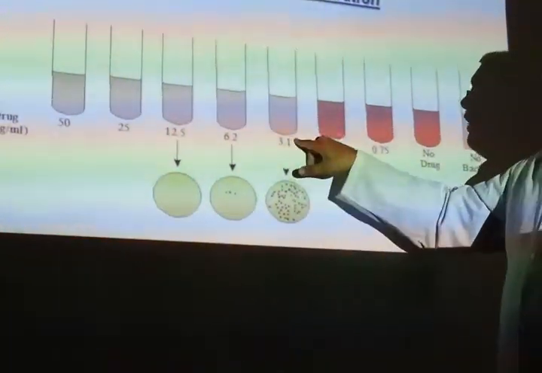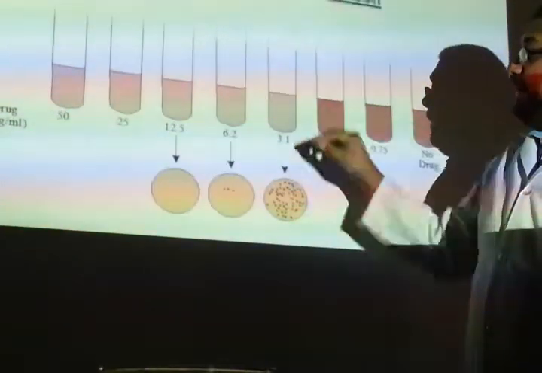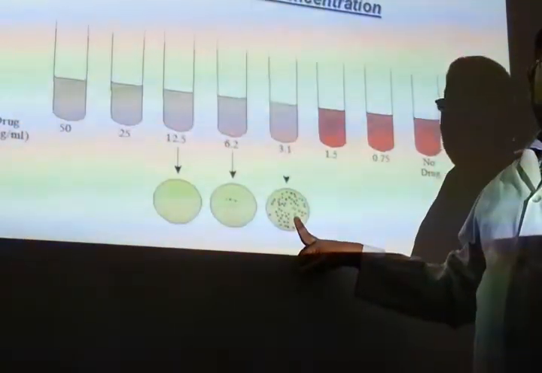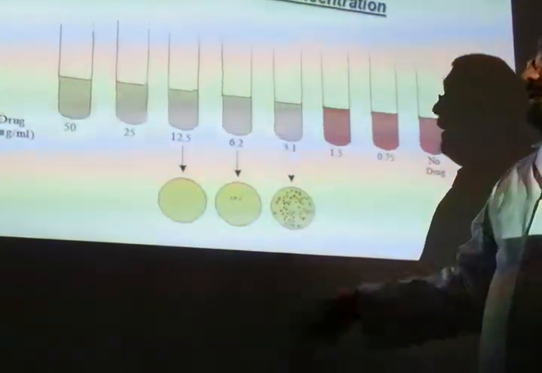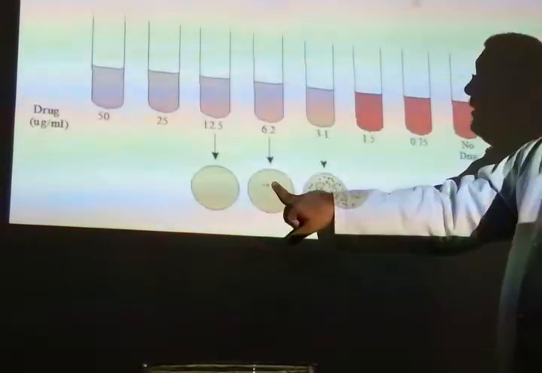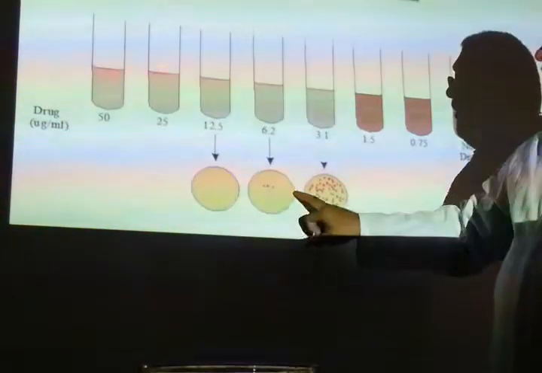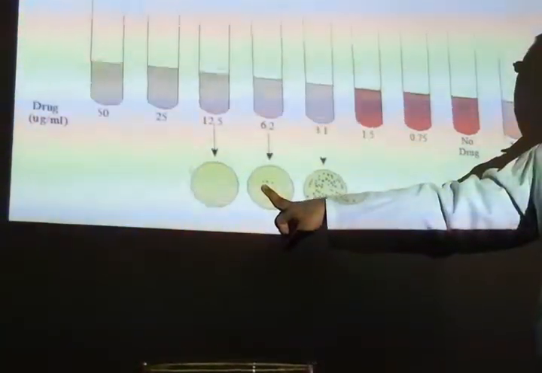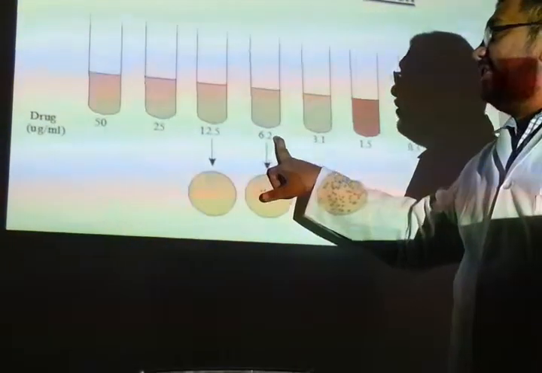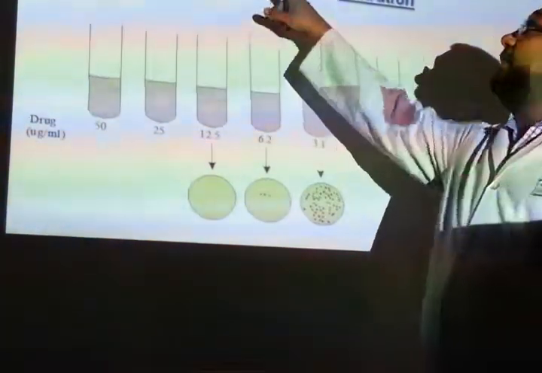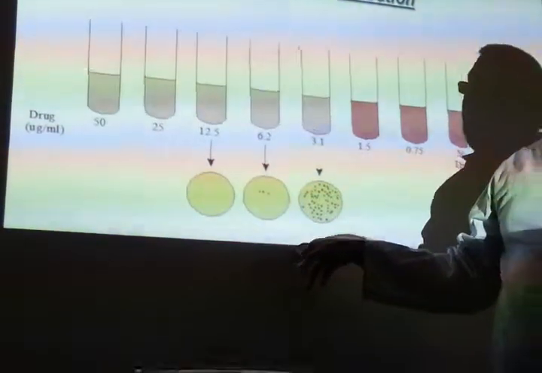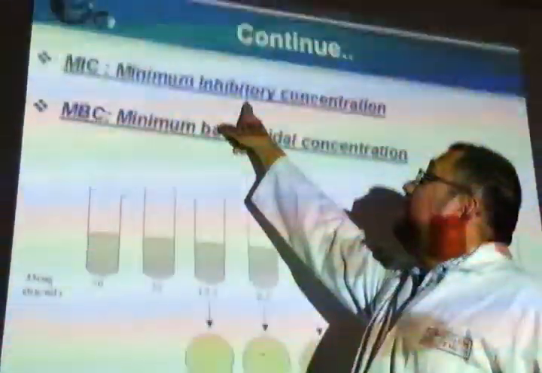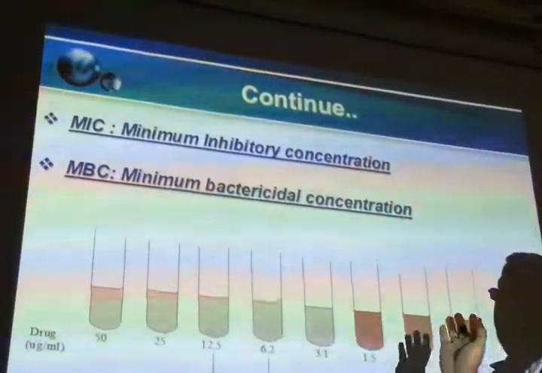At this point also, 3.1 concentration, I take a loop and put it on the media and incubate. Still bacteria are growing. At 6.2 concentration of antibiotic, when I take and grow, very few bacteria grow. So this is the concentration at which the antibiotic has an inhibitory effect on the growth of bacteria. So this is called the minimum inhibitory concentration, MIC.